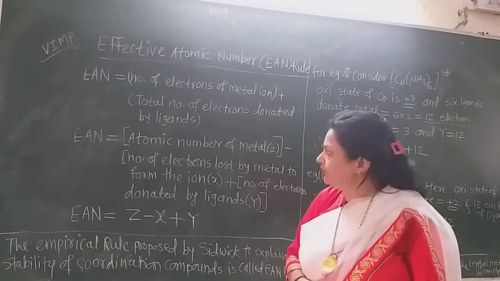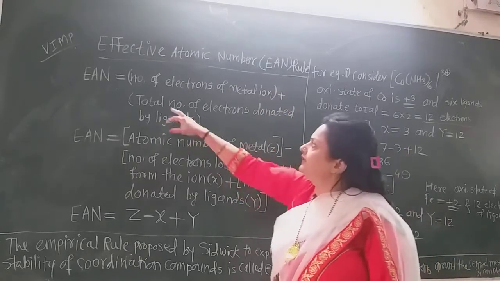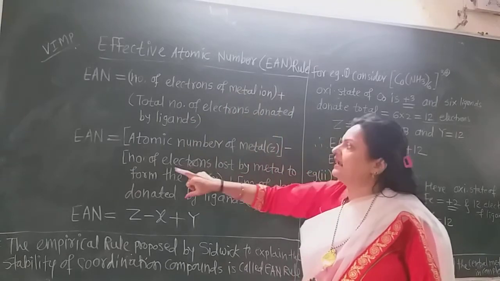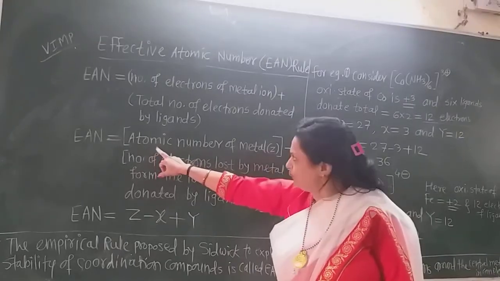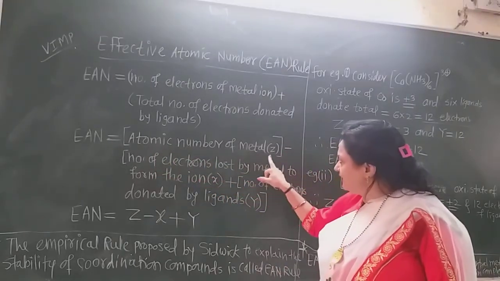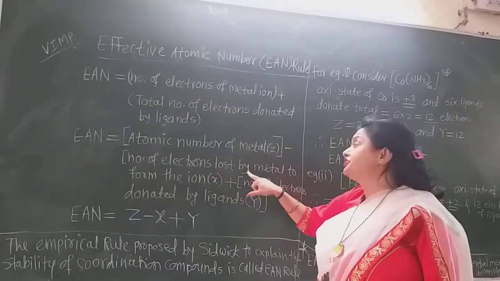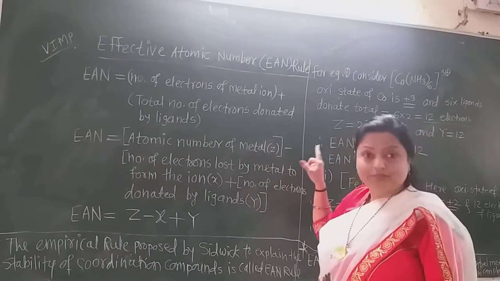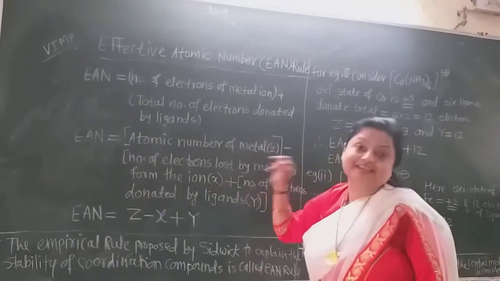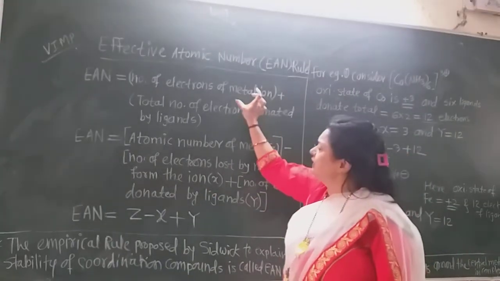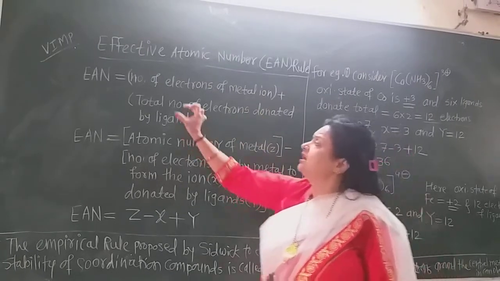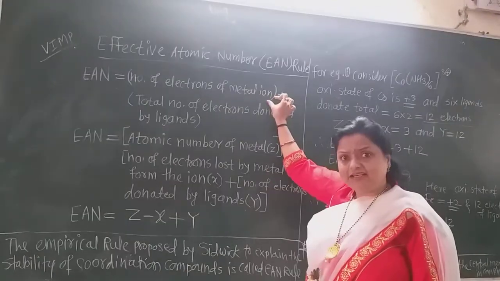That means we calculate the number of electrons of the metal ion from the atomic number Z minus the number of electrons lost by the metal atom to form the ion.